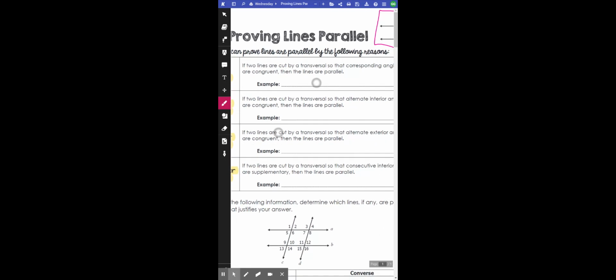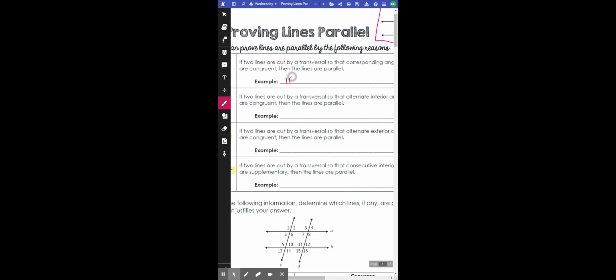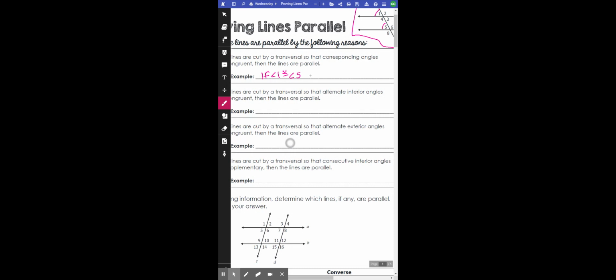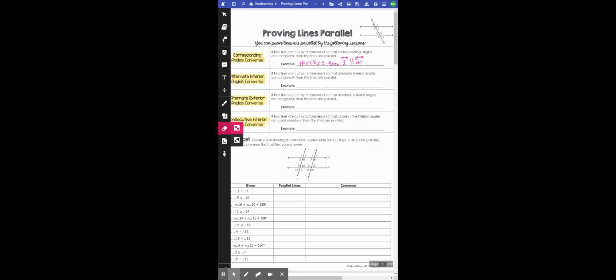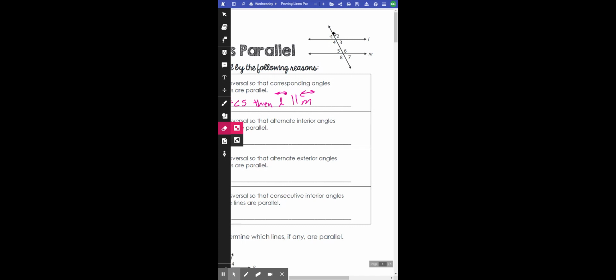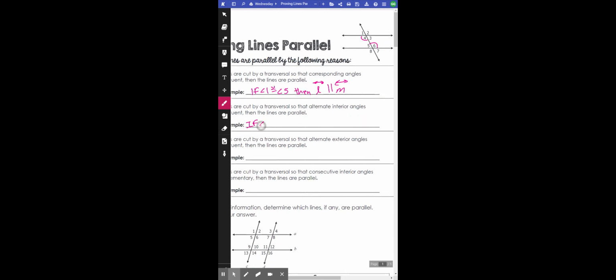I can safely say, if I'm going to prove that those are parallel, I can go, if angle 1 is congruent to angle 5, then line L is parallel to line M. If we're looking at alternate interior angles, let's choose angle 4 and angle 6. Safe to say, if angle 4 is congruent to angle 6, then line L is parallel to line M.